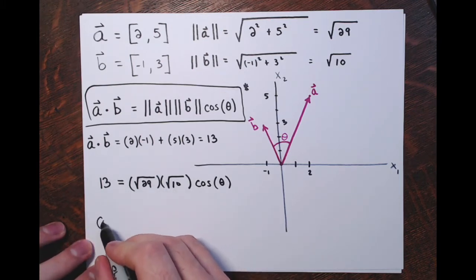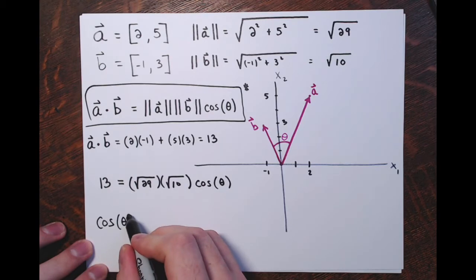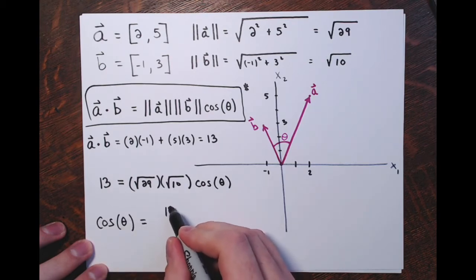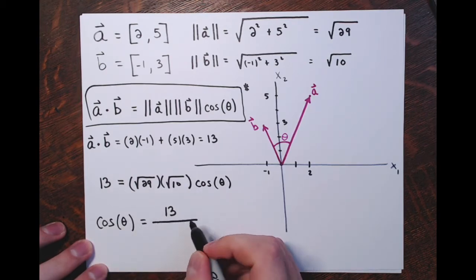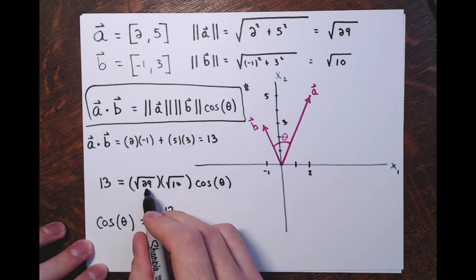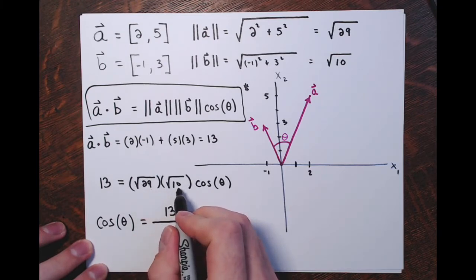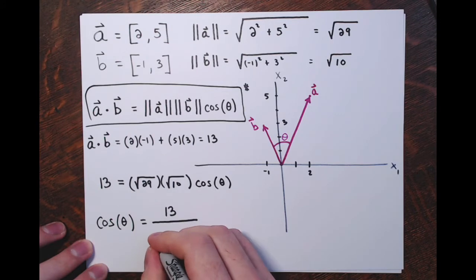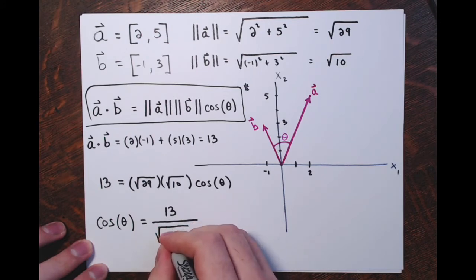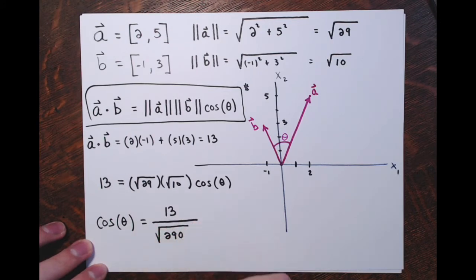So we'll have the cosine of theta alone equals 13 divided by the square root of 29 times the square root of 10. Here I can make that the square root of 290, since 29 times 10 are both inside square roots of positive numbers, so I can do that.